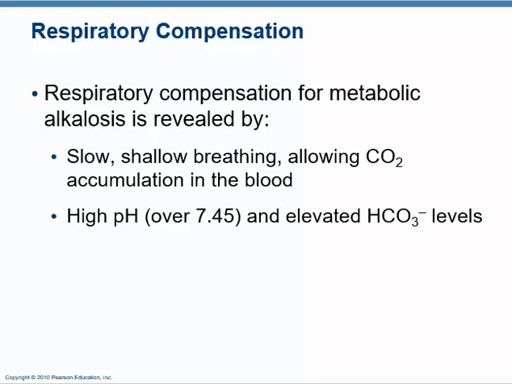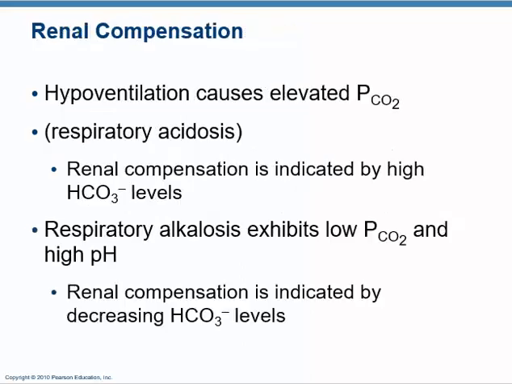So metabolic alkalosis, you have slow, shallow breathing, and then that makes your pH go down because it was too high. Renal compensation then happens to correct that. So hypoventilation elevates the CO2, that's respiratory acidosis, and then renal makes you pee out the HCO3, and then it compensates that way. And the opposite for alkalosis.